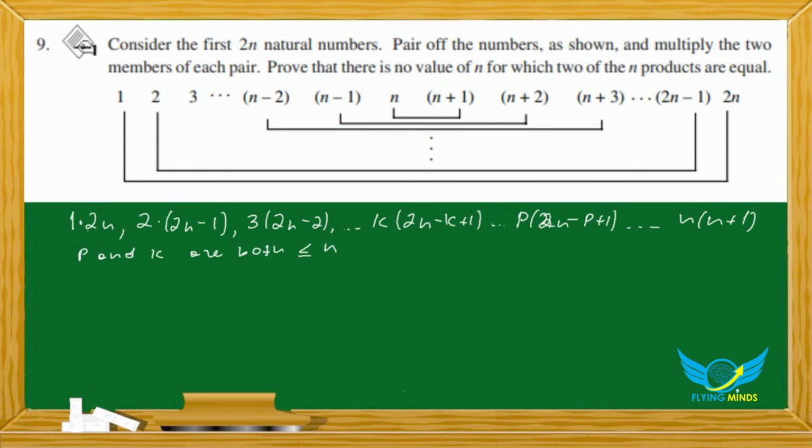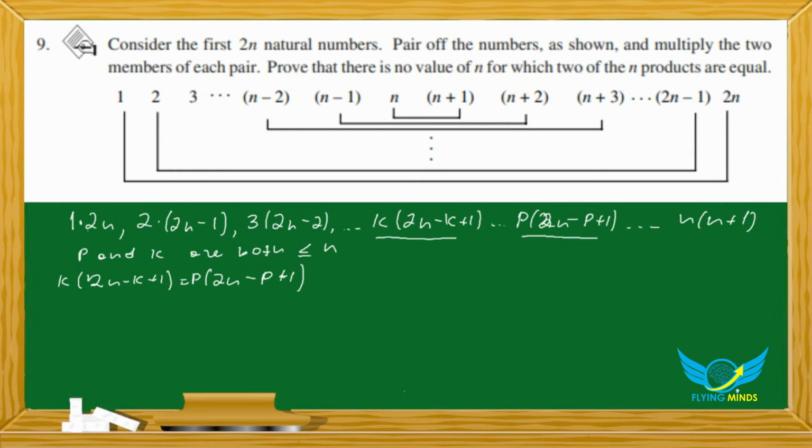Okay, so now let's assume that these terms are equal, right? So we can equate them. So it will be k times 2n minus k plus 1 equals p times 2n minus p plus 1. And remember, we assumed that p and k are both less than or equal to n.